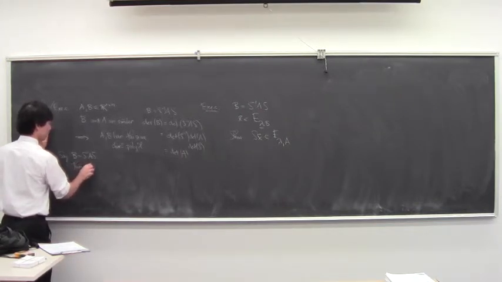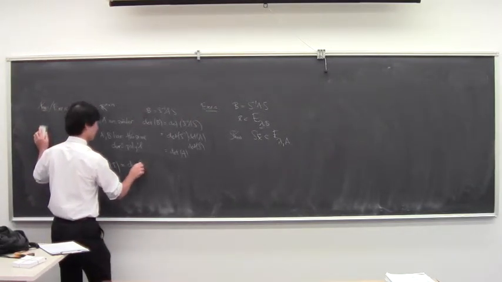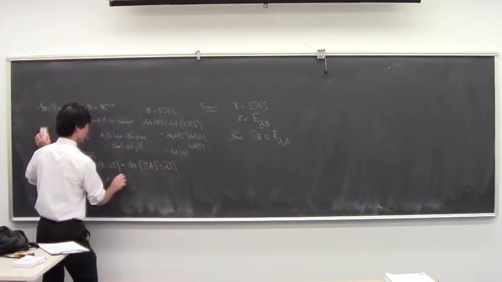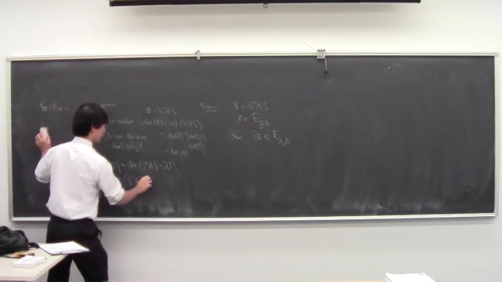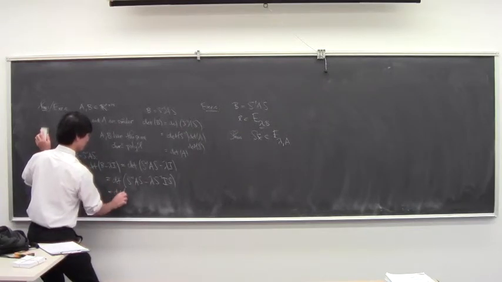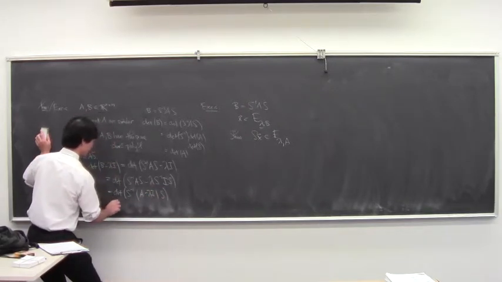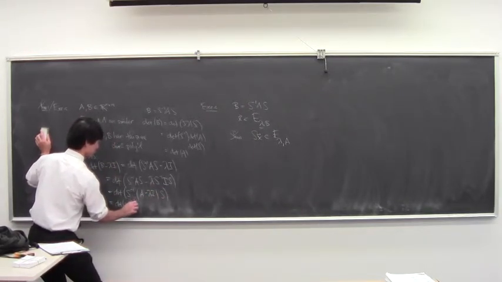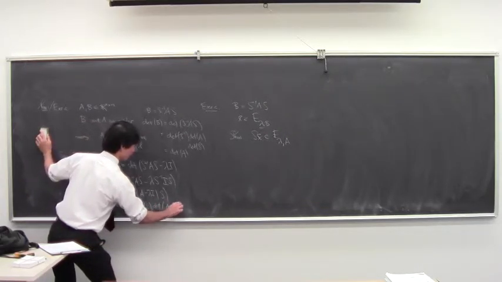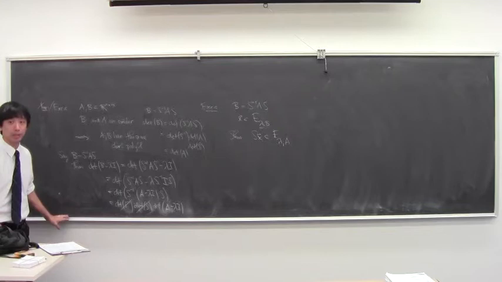Then the determinant of B minus lambda I equals the determinant of S inverse AS minus lambda I, which equals the determinant of S inverse AS minus lambda S inverse IS, which is the determinant of S inverse times A minus lambda I times S, which is the determinant of S inverse times the determinant of S times the determinant of A minus lambda I. So the characteristic polynomials are the same.